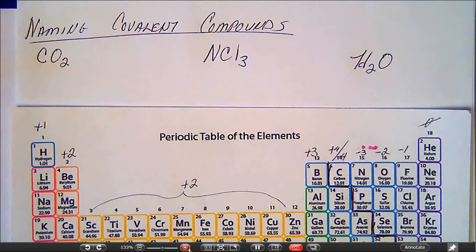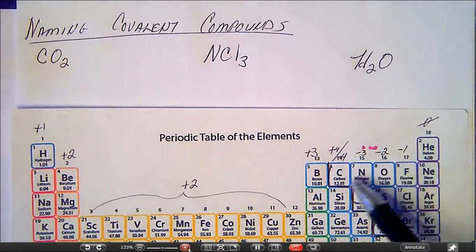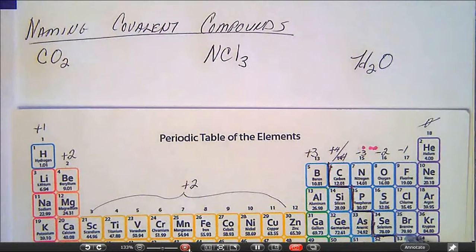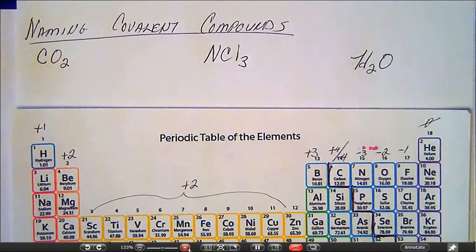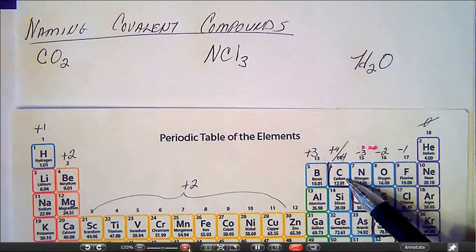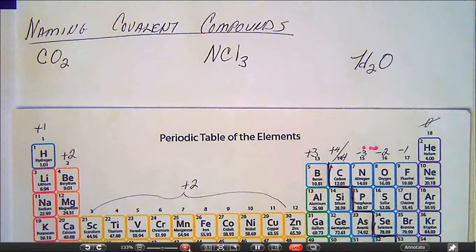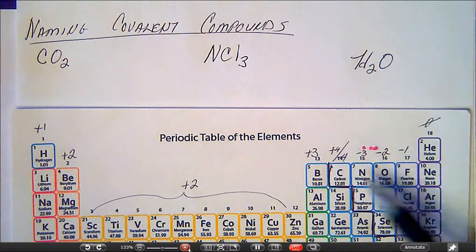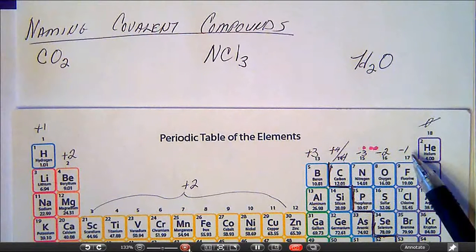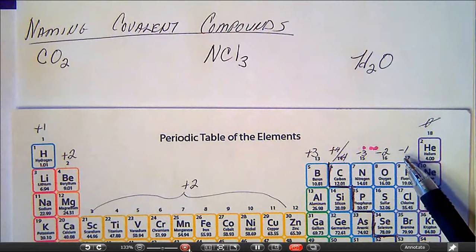Remember, covalent bonds are two nonmetals. The nonmetals are going to be found on this side of the periodic table. So you have carbon and you have oxygen. They're both on the right side of the periodic table, and they're both in the negative oxidation number sections, so you know that you have a covalent bond.